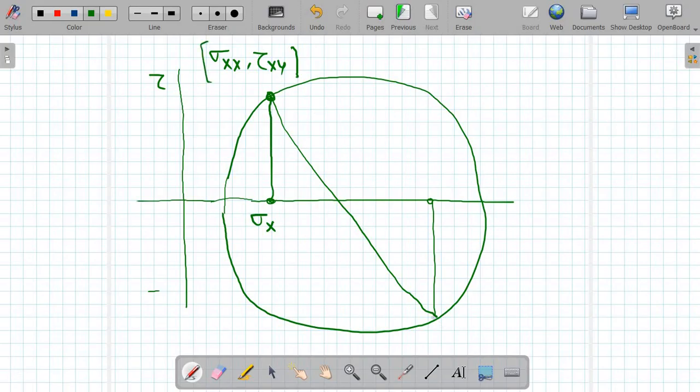And opposite to that side is referred as sigma yy, shear yx. Now here shear yx seems like a negative value because it is in a negative direction, but as per our convention, we were considering shear xy is equal to shear yx.